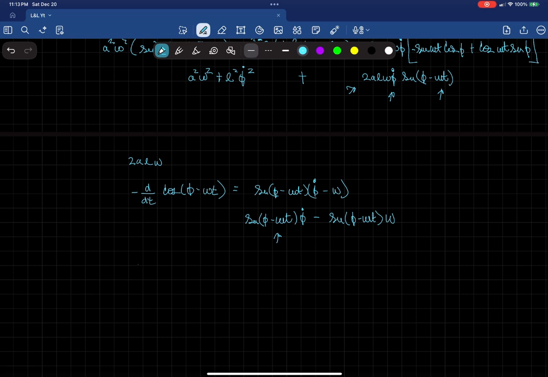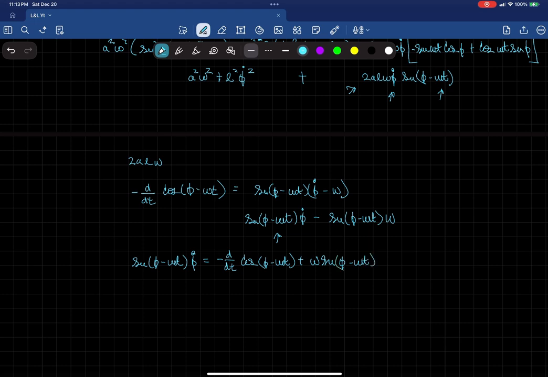Sine phi minus omega t times phi dot is equal to negative time derivative of cosine phi minus omega t, plus omega sine phi minus omega t.